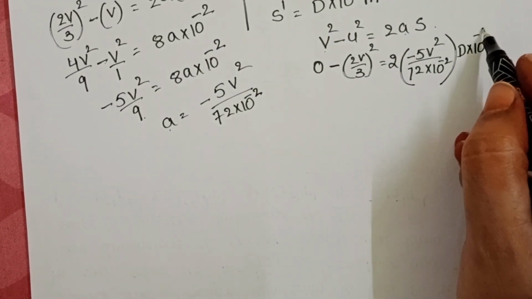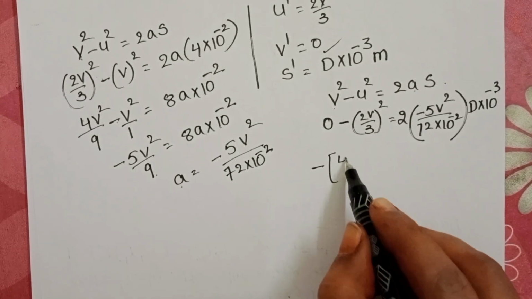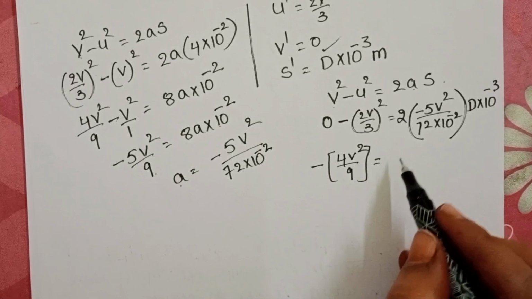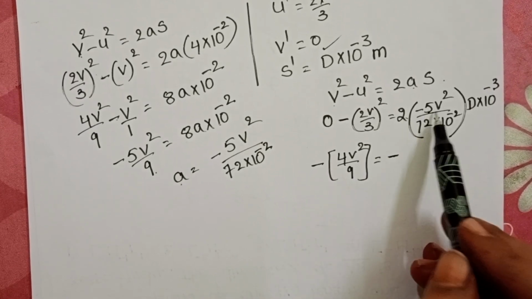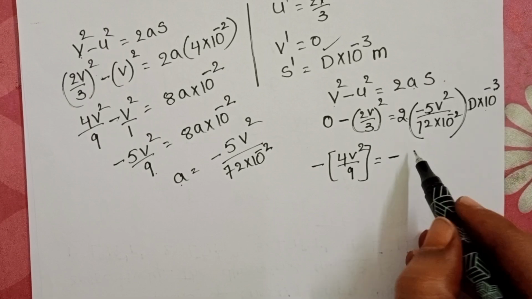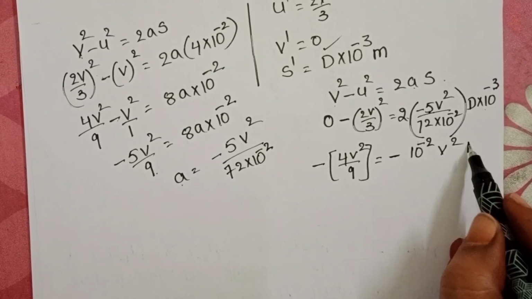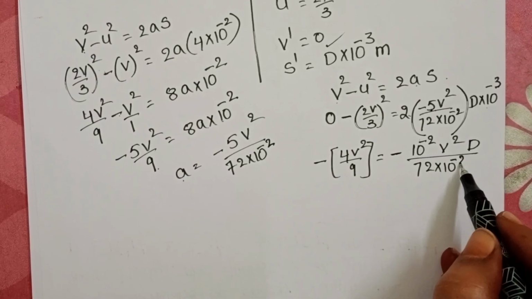Minus 4v square by 9 equals minus 2 into 5 v square into d into 10 power minus 3, which becomes 10 power minus 2, by 72 into 10 power minus 2.